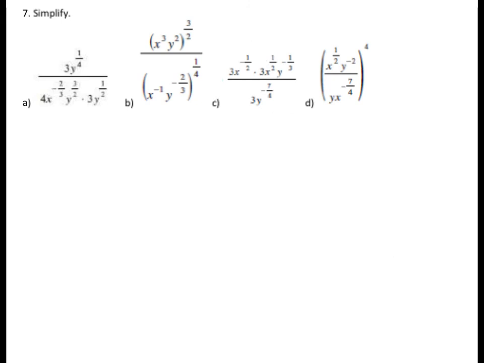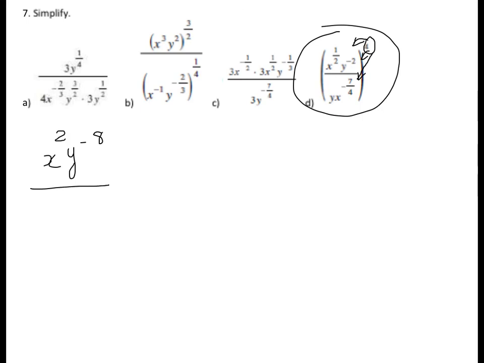Okay, now we are going to do D. To do D, I'm going to distribute 4 inside the bracket. So I'm going to multiply every exponent by 4. If I multiply 1 over 2 by 4, I get 2. So I get x exponent 2, y exponent negative 2 times 4 gives me negative 8, divided by 4 times negative 7 over 4 gives you negative 7.